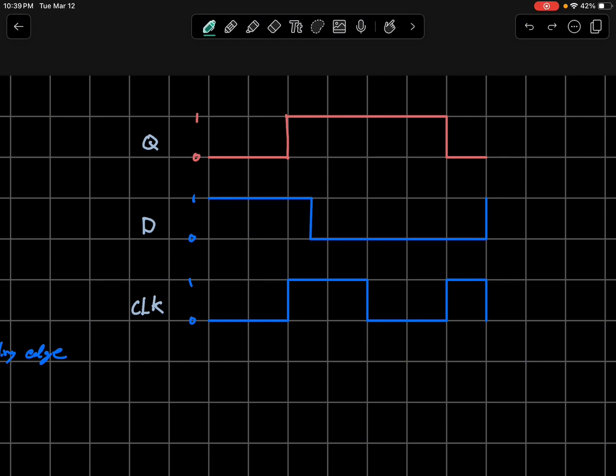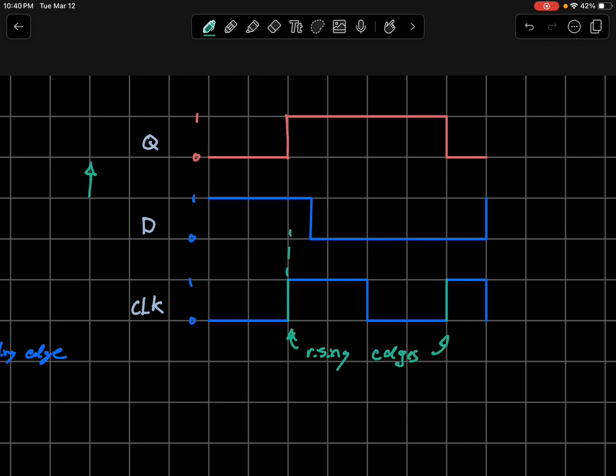So since previously in the graph we said that we're only going to be looking at the output when the clock has a rising edge, aka this, we are only going to be taking a look at these sections because these are both rising edges.